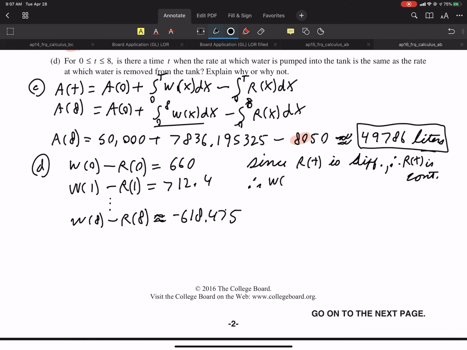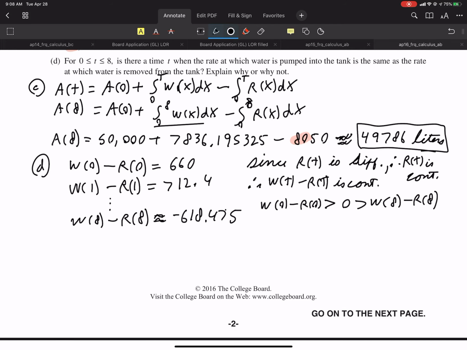Therefore, W of t minus R of t is continuous. So we have continuity, and we have one endpoint positive and one endpoint negative. So check this out. W of 0 minus R of 0 is greater than 0, which is greater than W of 8 minus R of 8.